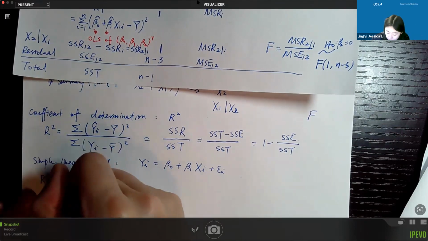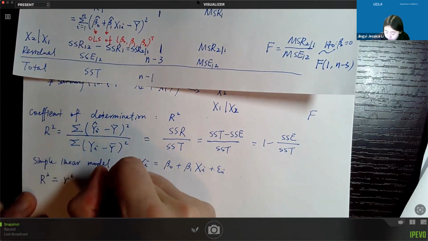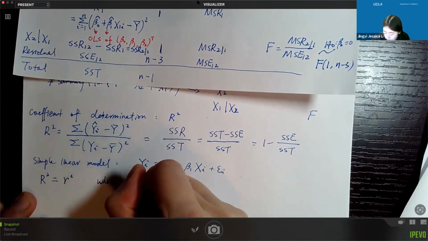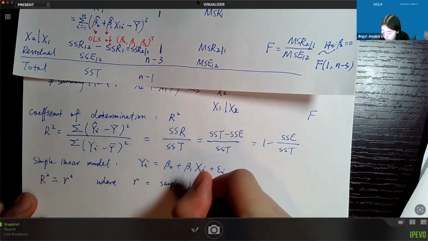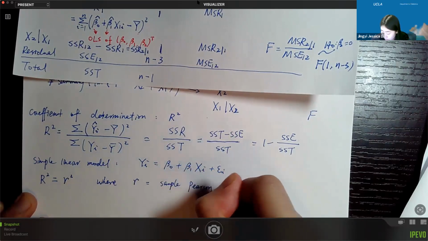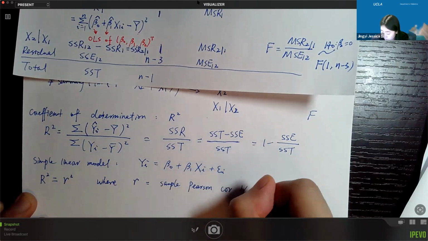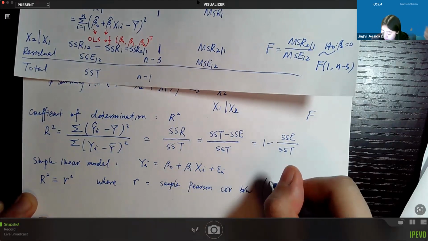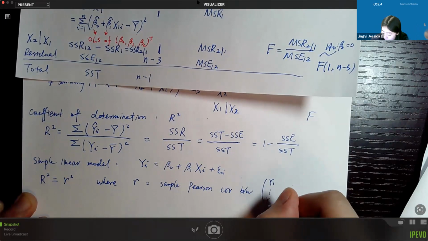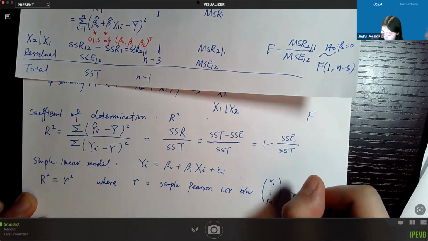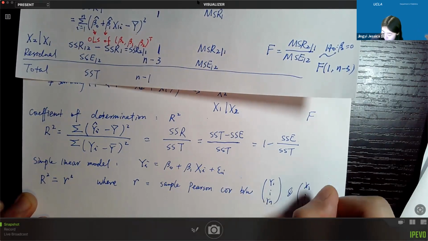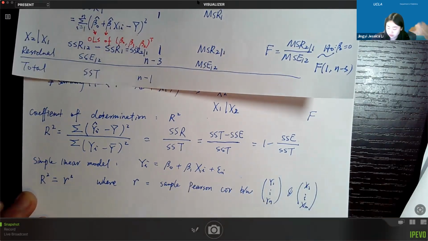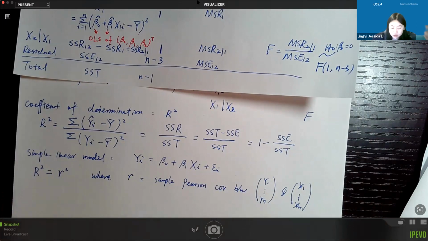It's just equal to this R squared, where this R is the sample Pearson correlation between these two vectors, y1 to yn and x1 to xn, the observations of xi. So that's a very interesting coincidence.